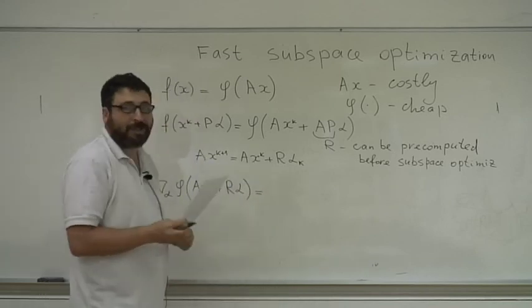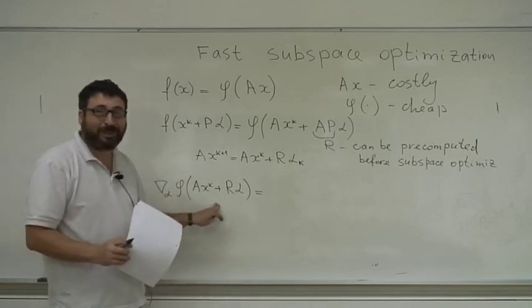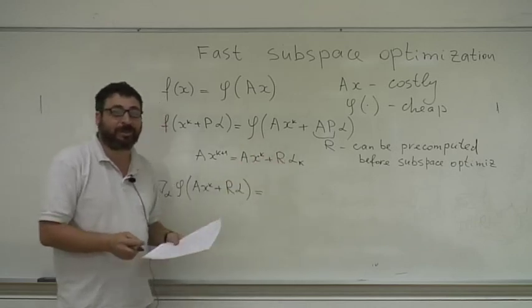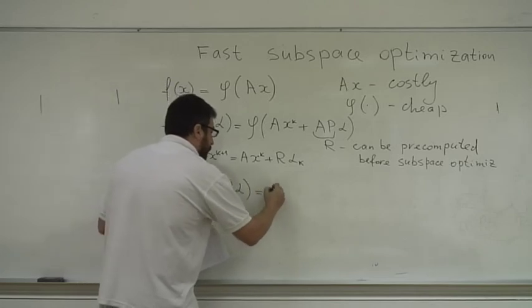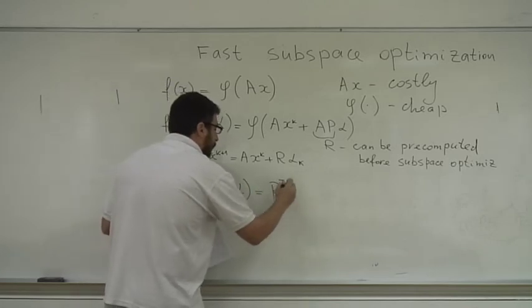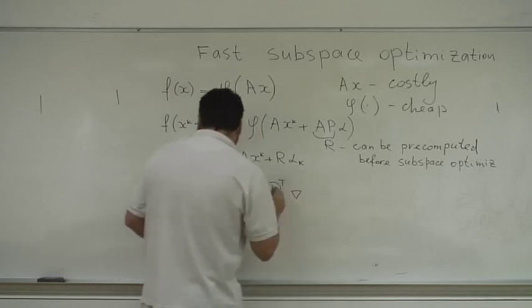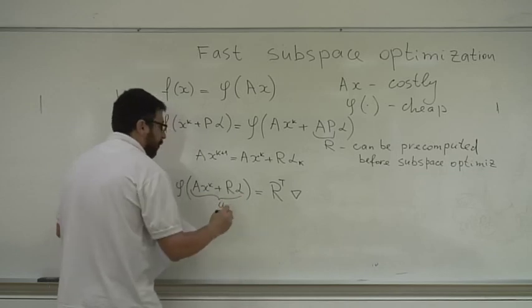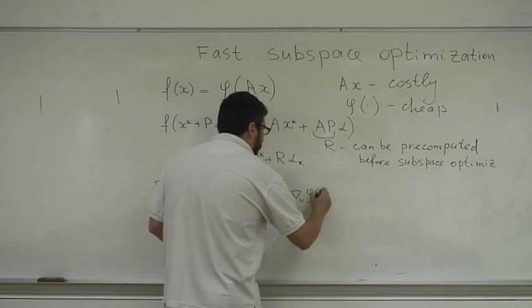I will write the formula here, but at home I will ask you to develop it, which is rather easy by differential calculus, which we learned in the beginning of the course. So it will be just R transpose by the gradient. Let's denote all this like U, gradient with respect to U, phi of U.